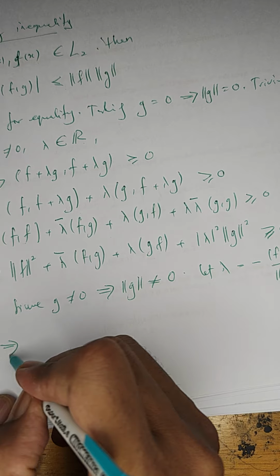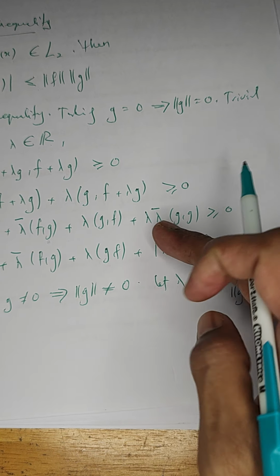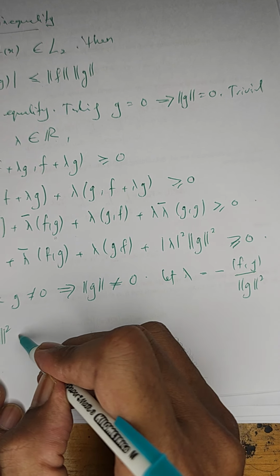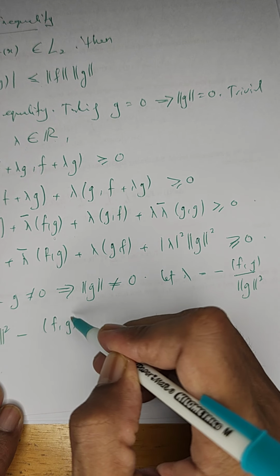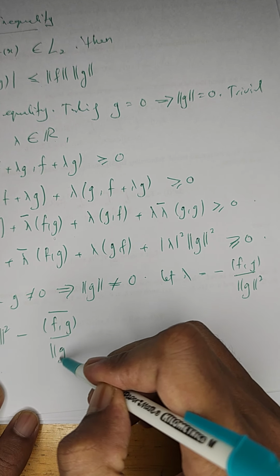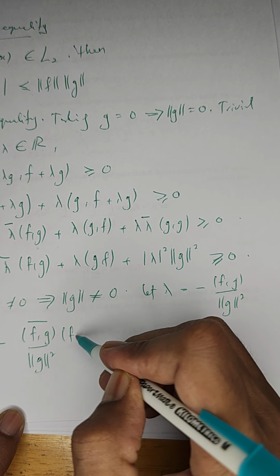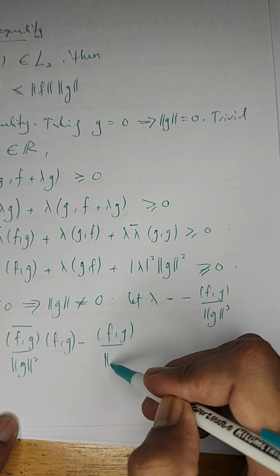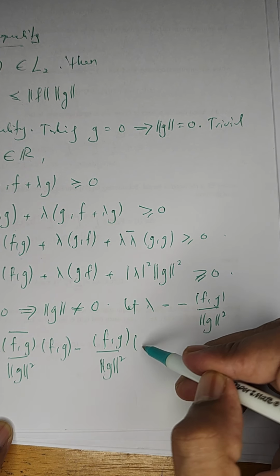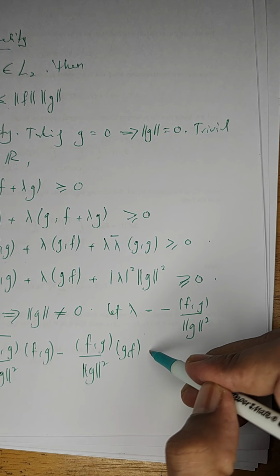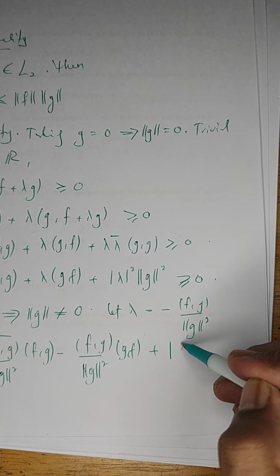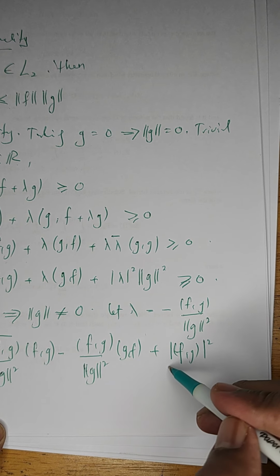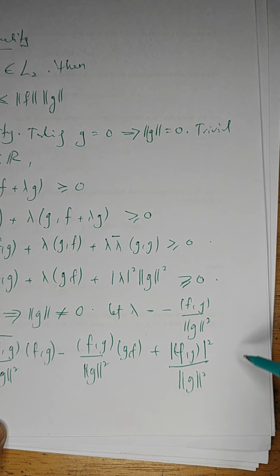Thus, just substitute that into that, so that gives you norm f squared minus fg bar over norm g squared times fg, minus fg over norm g squared times gf, plus fg squared over norm g squared.